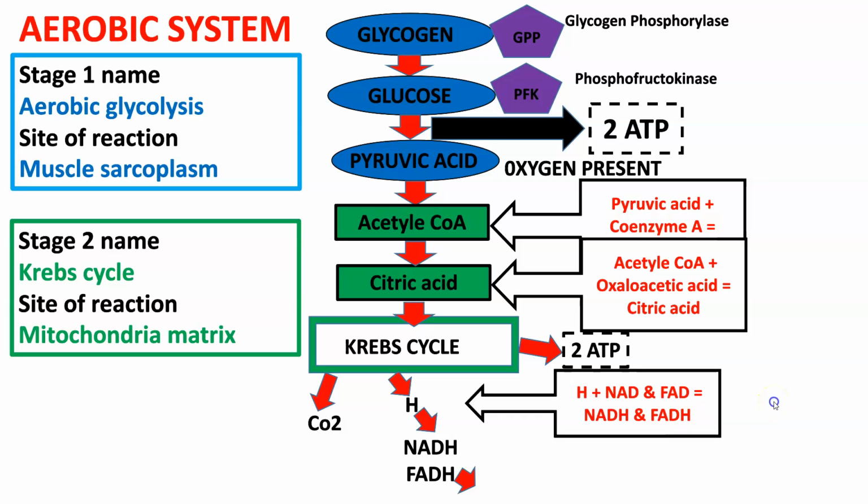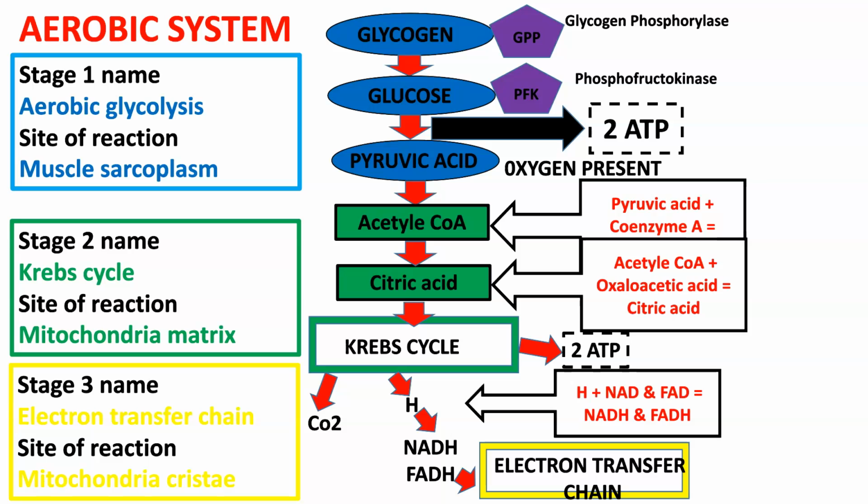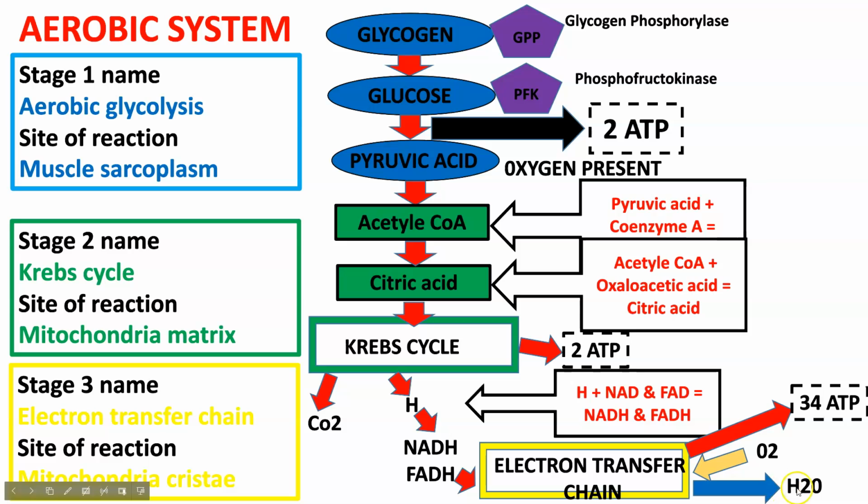These go into the electron transport chain, and this releases enough energy so that we produce 34 ATP. The electron transport chain takes place in the mitochondrial cristae. Okay, so the hydrogen ions are oxidized and removed as H2O. We have oxygen present, which means we get this 34 ATP.